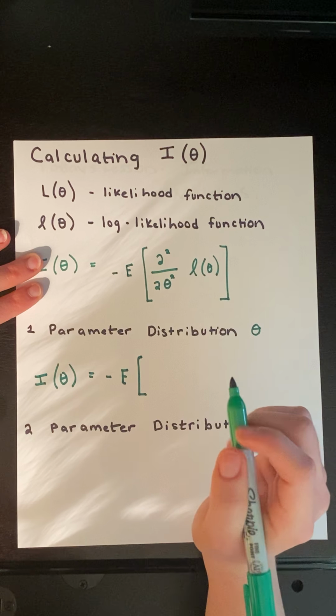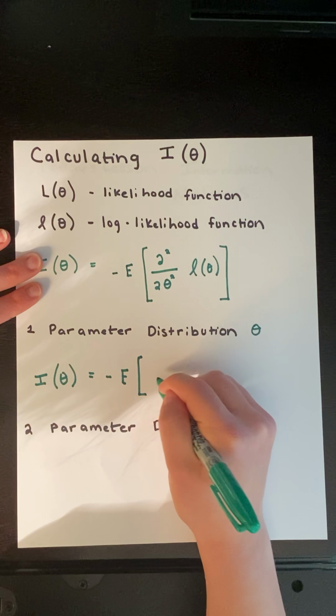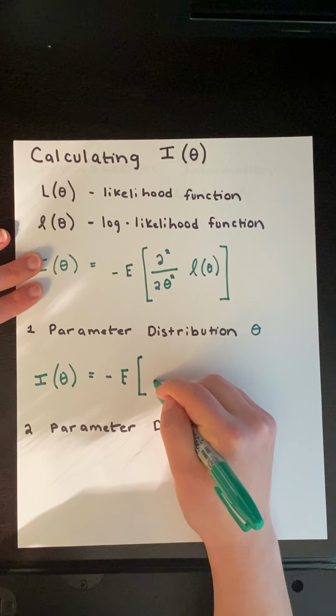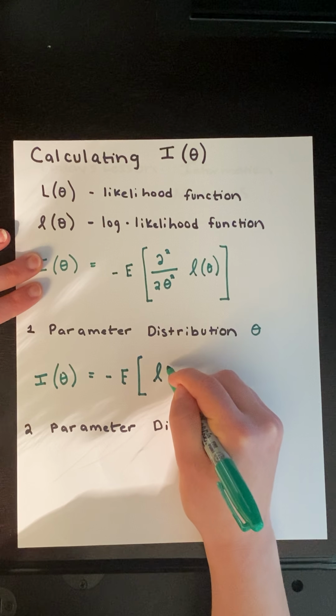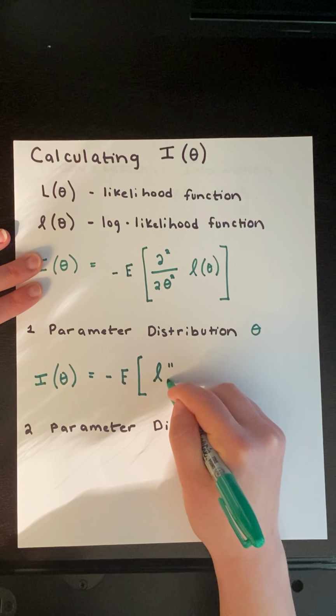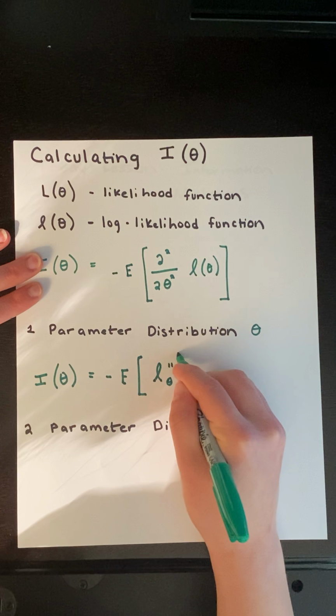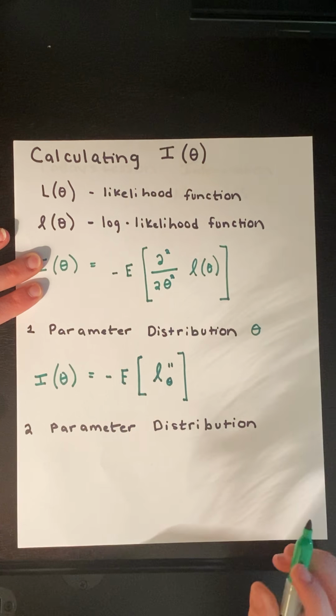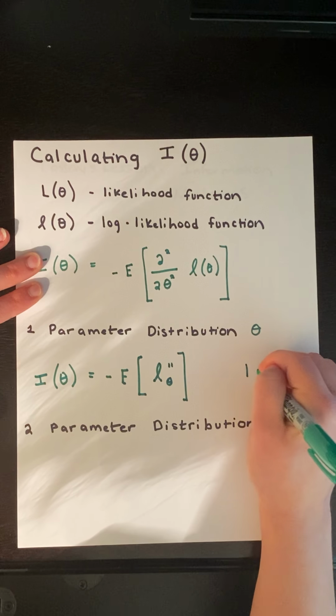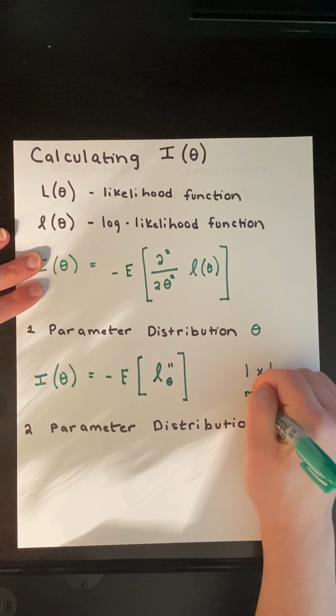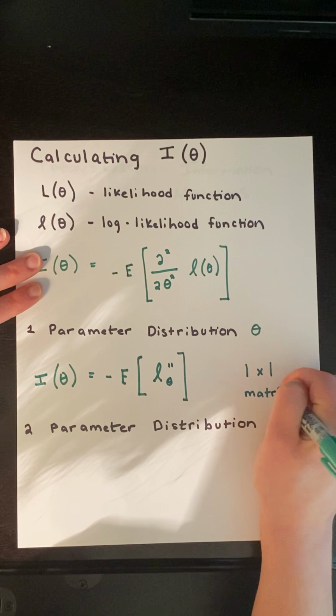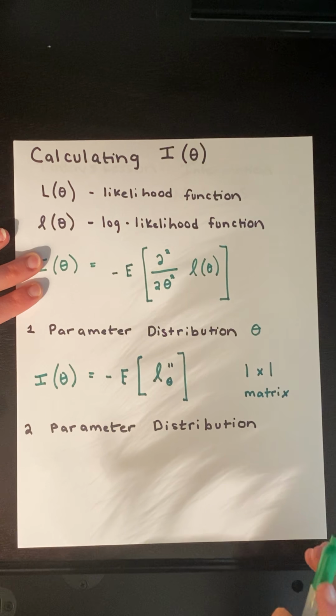So I'm just going to denote that as l double prime of theta. And for a one parameter distribution, this will just be a 1-by-1 matrix.